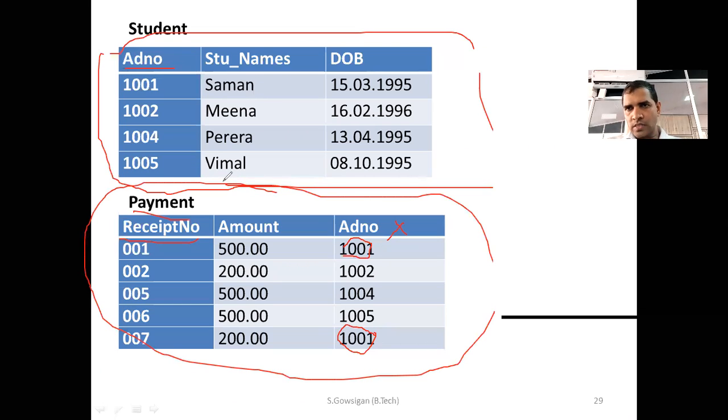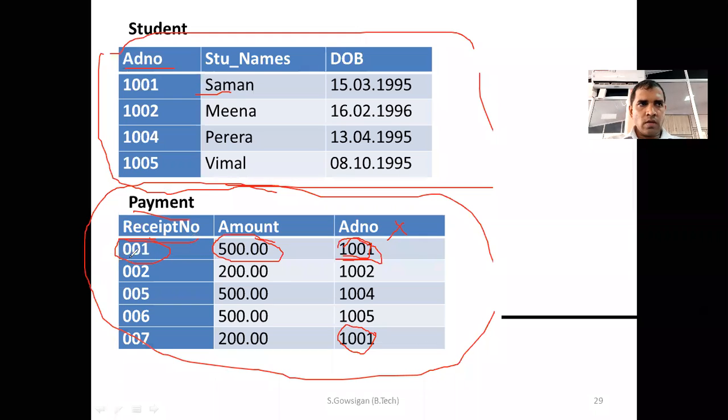So this table is constructed to keep your payment data, right? Whenever you make a payment, a receipt is issued, right? So assume 1001, who is 1001? Summon, right? So that Summon made a payment for 500 and got a receipt with 001 number.